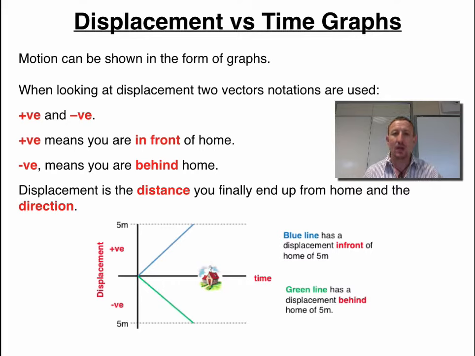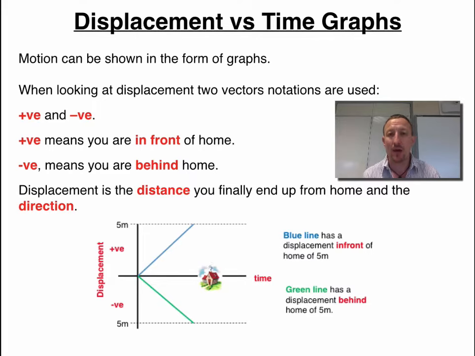However, you know now that if you look at the graph below, where the x-axis is, we've got two sections. We've got the area above the line, we're going to call that positive, and the area below the line, we call that negative. So if the line is going away from home, which is the x-axis, in a positive direction, i.e. going above the line, we say it's going in front of home.